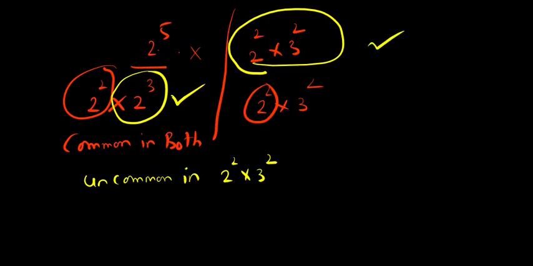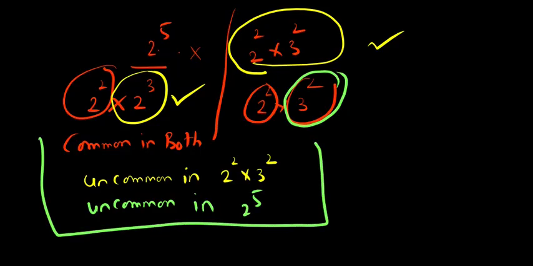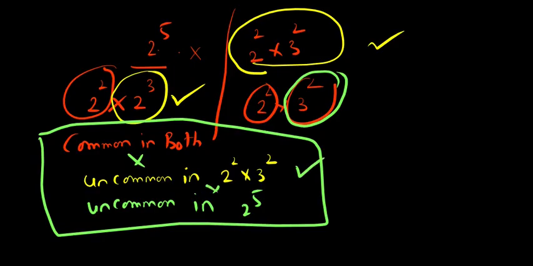Next, whatever the 3 square is there, this is uncommon, or we cannot find it in this 2 power 5. So the LCM is nothing but common in both multiplied by uncommon in the first number multiplied by uncommon in the second number. Okay, here LCM HCF completes.